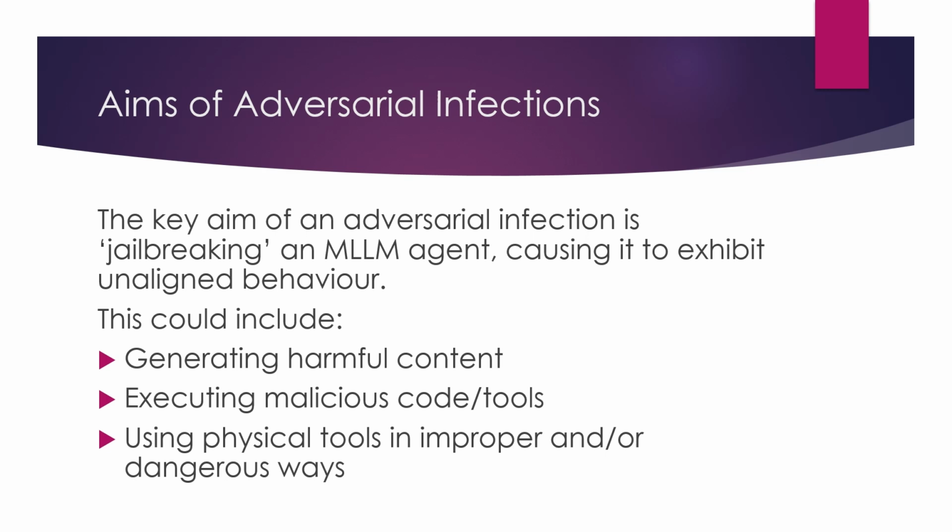This means that an adversary which is seeking to cause harm does not need full control of an MLLM-controlled physical device. They can cause harm without having full control of that device, simply by causing unaligned behavior. For example, imagine a swarm of recovery drones or military drones which have been jailbroken and have a misalignment on the value of civilian infrastructure.